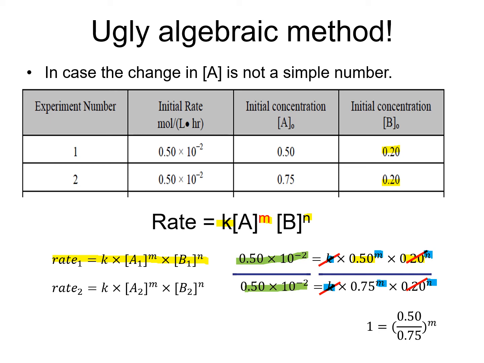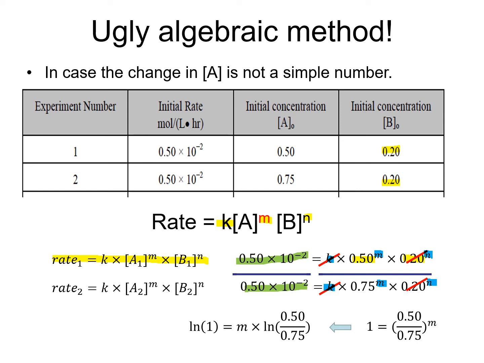Now I'm much more confident because I have only one unknown, and it's an exponent, so I need to use logarithm to solve this equation. So the logarithm of 1, that is 0, is going to be equal to M times the logarithm of 0.50 divided by 0.75.